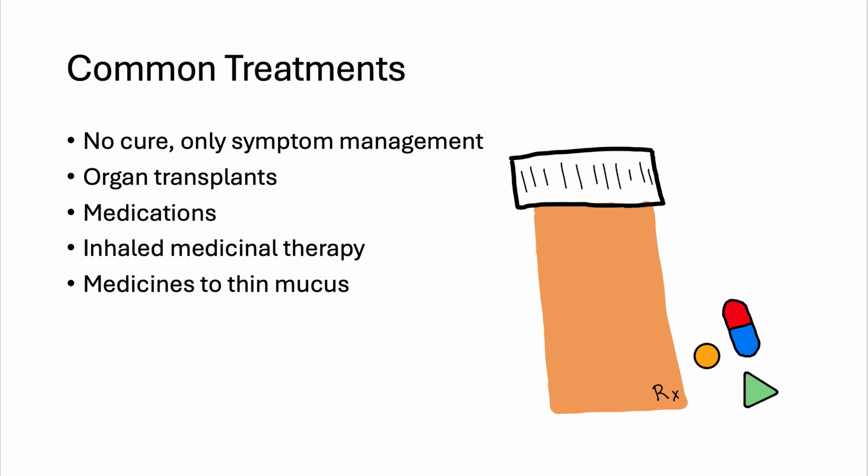This can include antibiotics to fight infection because cystic fibrosis patients are much more susceptible to lung infections, or something like hypertonic saline that will help thin the mucus so that patients can cough it up and get it out of their system. There are also different breathing therapies like oxygen therapy and DNase enzyme therapy to help with a patient's breathing.